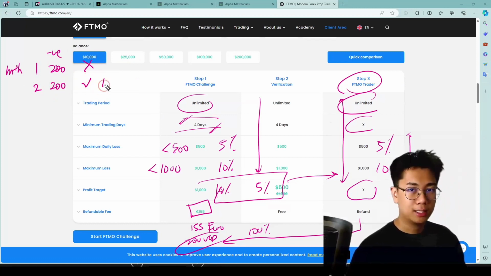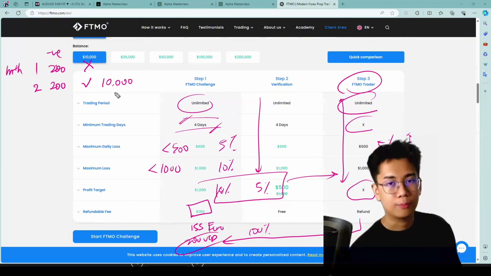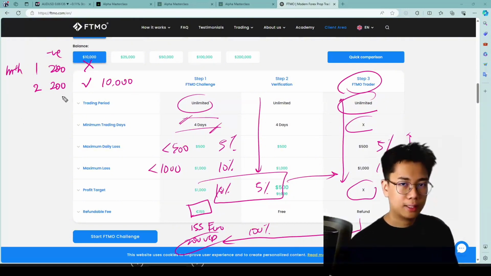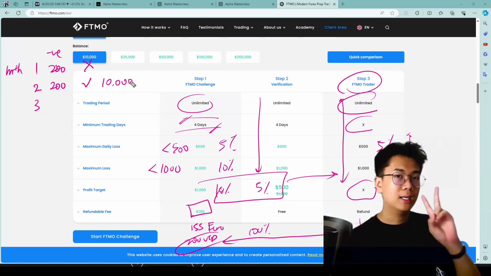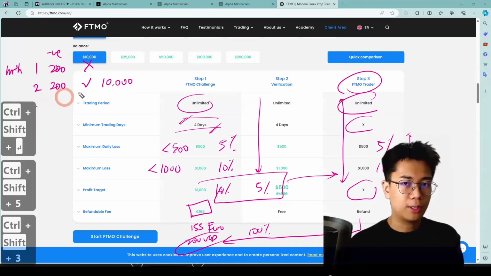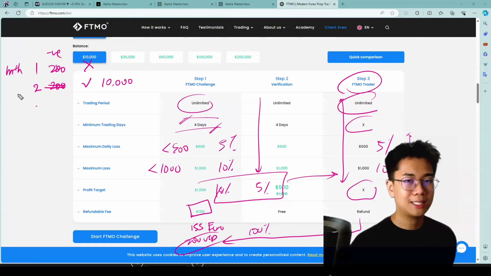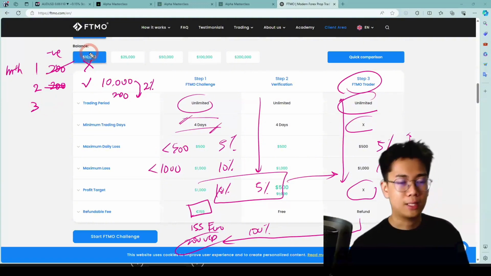When you pass, you get a $10,000 account. And how much profit is needed from your side to cover it? Basically, you just need to profit 2%. Why so? Because you have passed, they will refund you this $200. That just means this month you spend nothing and still get a $10,000 account. All you need to do is profit 2%, $200. In month number 3, you are at break even already.